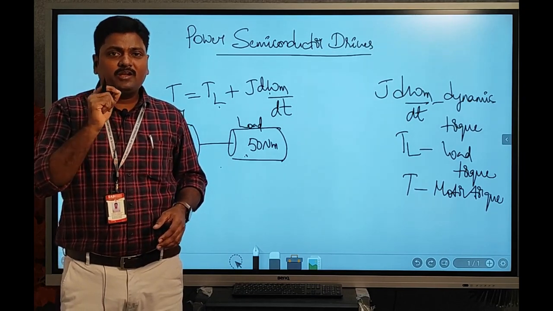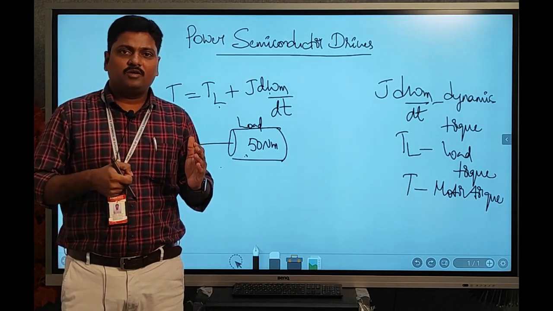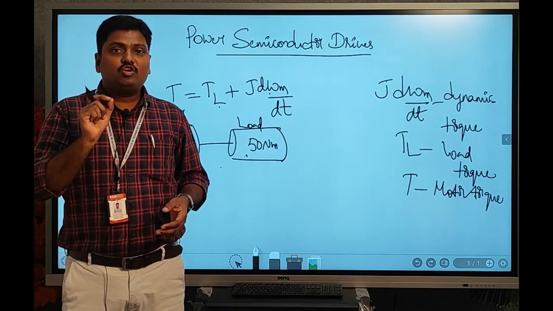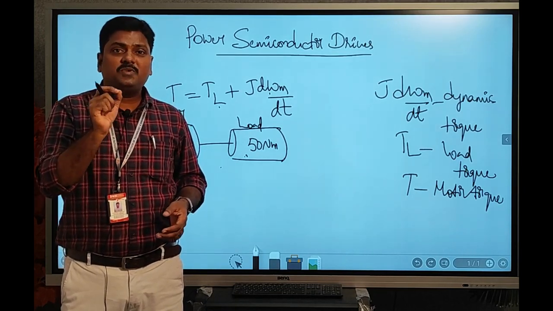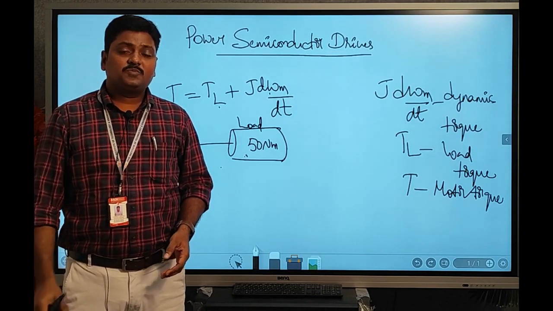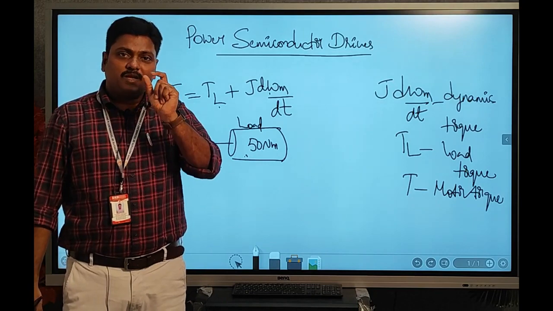Why is d omega by dt becoming negative? Whenever you try to punch a hole in the wall, the speed will fall down. If speed is getting reduced, d omega by dt becomes negative.